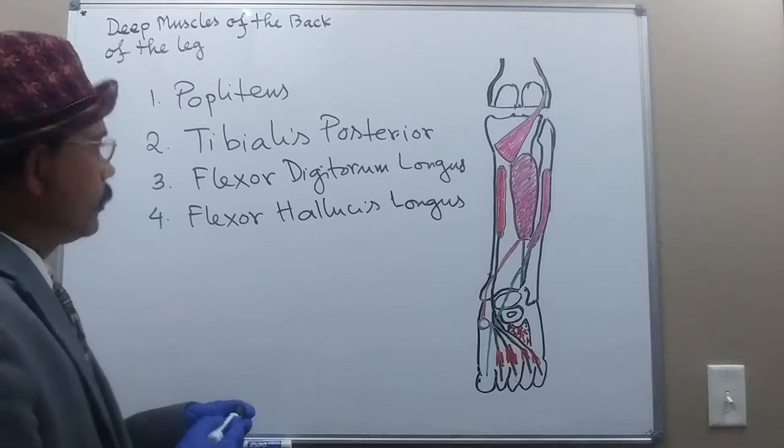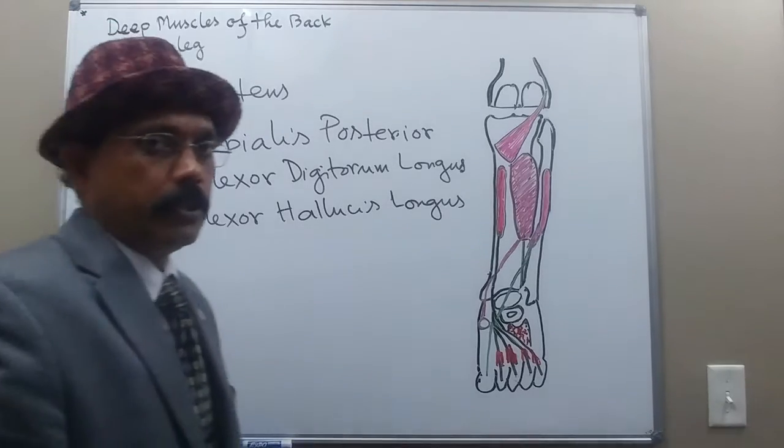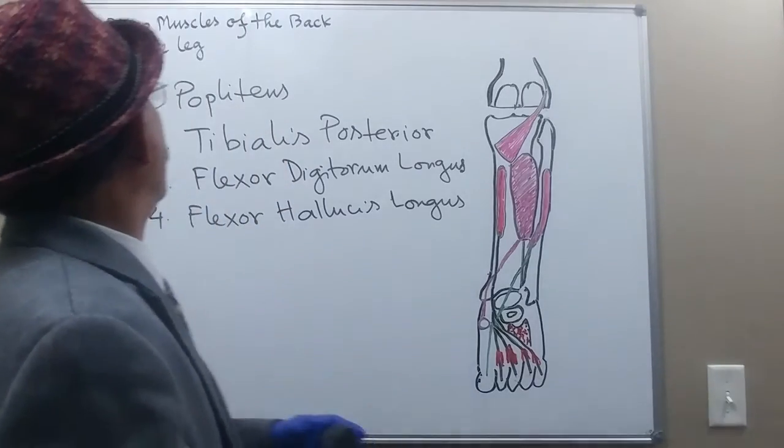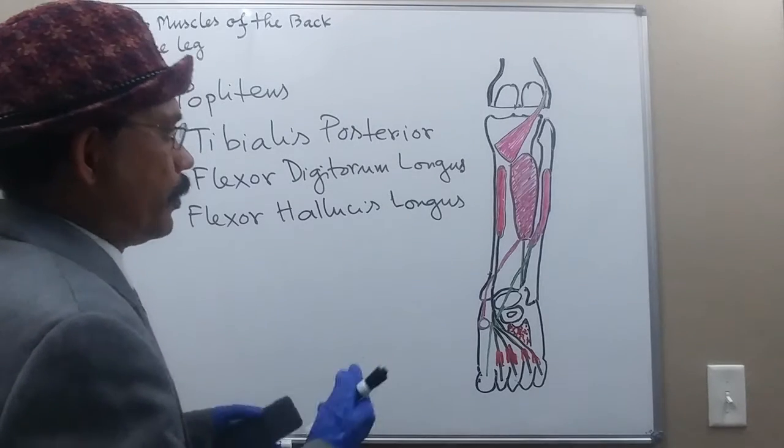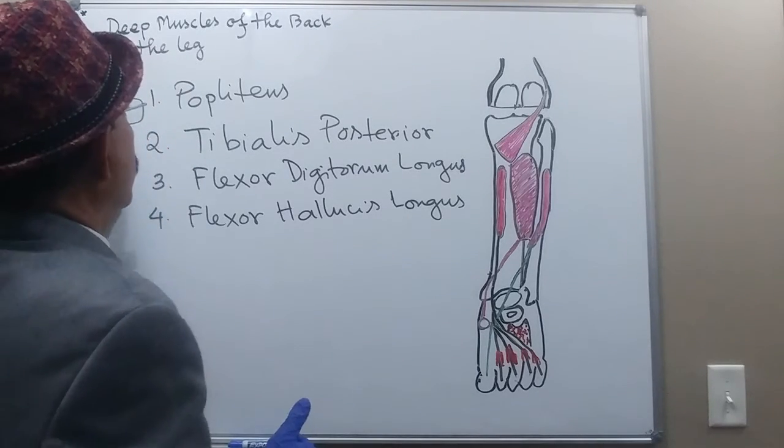Okay, so you have four muscles which are located in the deep aspect of the back of the leg.